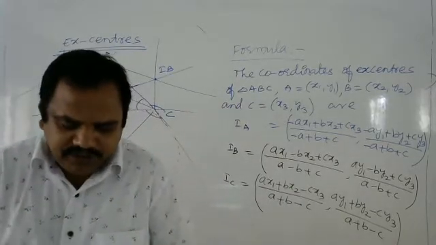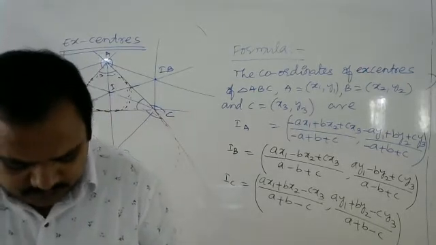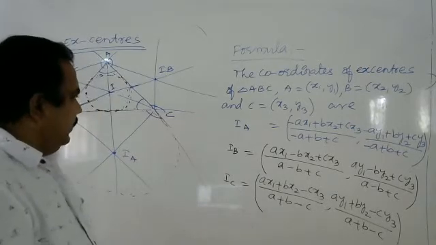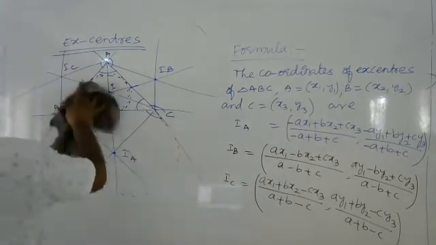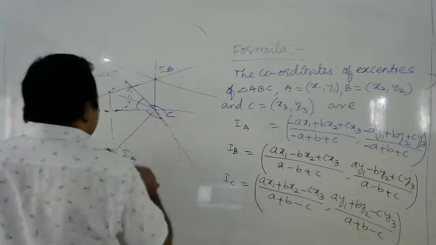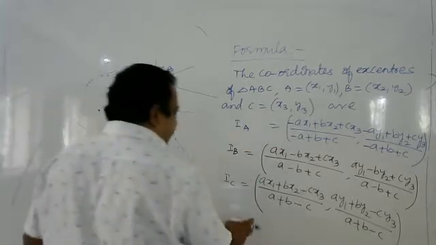So these are the excenter opposite to A, the excenter opposite to B, and the excenter opposite to C. These are all the formulas you can note down. Just remember only the first one, then the remaining signs change.